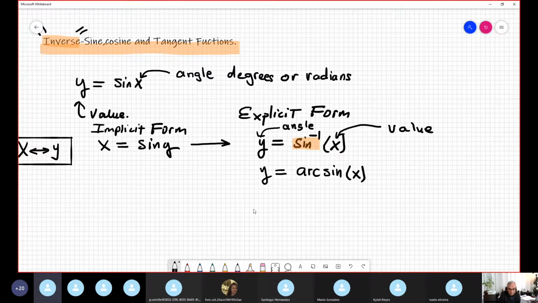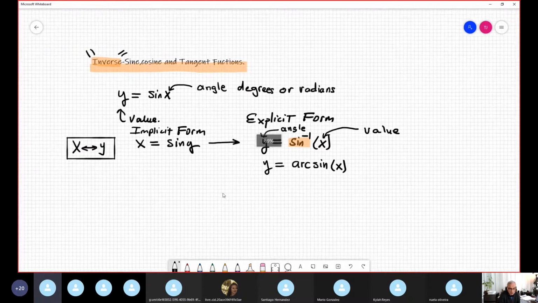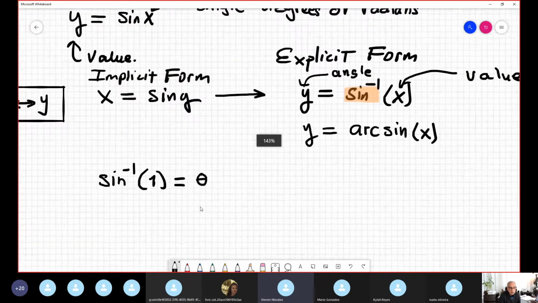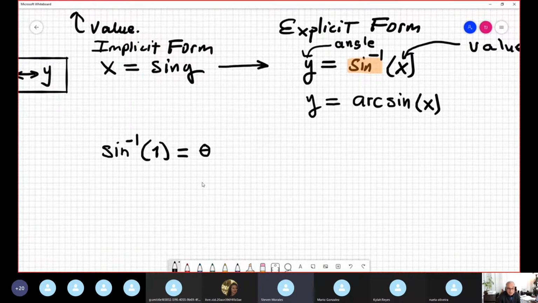Okay, to understand this idea quickly, suppose, for example, to clarify the idea, sine inverse of 1 is, I have no idea, that angle we want to call theta. One way to interpret this is sine theta equals 1.